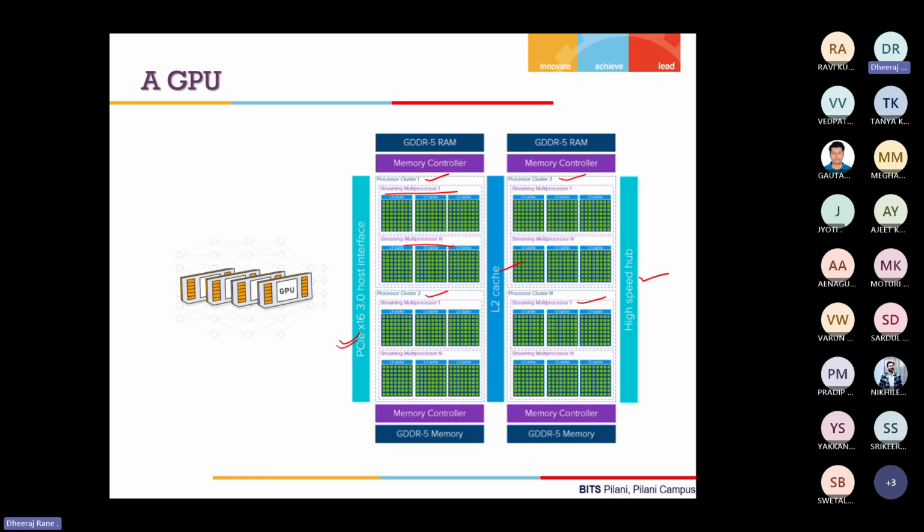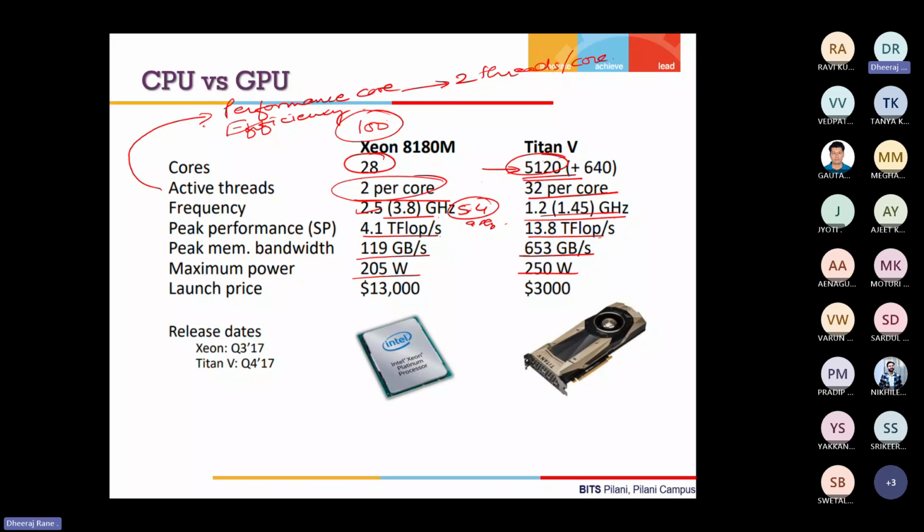You can see the number of cores, then the PCI, the GDDR5 RAM, the memory controller, right? So this is just a comparison in terms of number of cores.